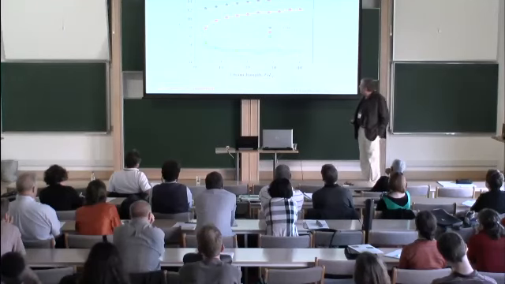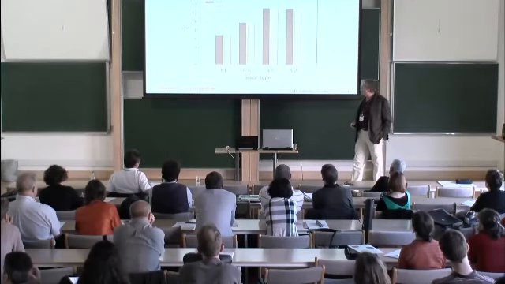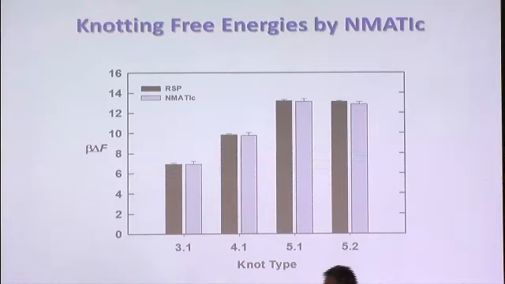Even more interesting, I think, is the fact that we can directly calculate the free energy cost of forming a knot. These are results for a 3 kb DNA circle.